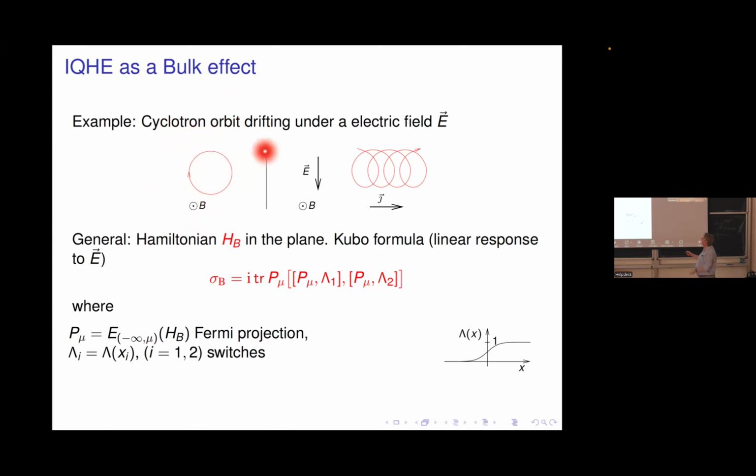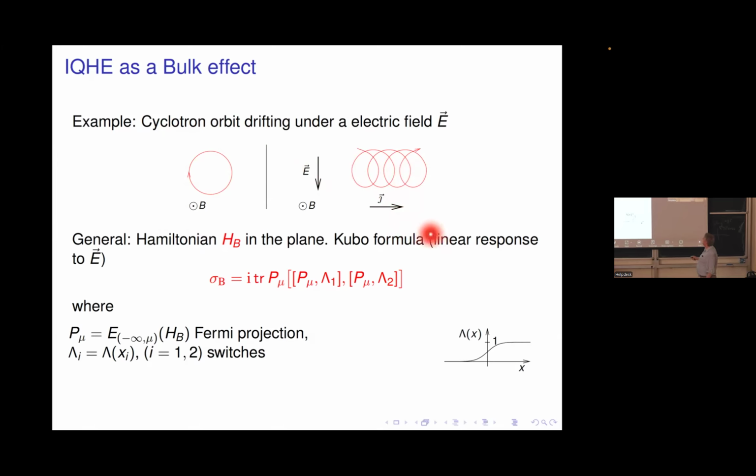They don't drift in the long term. But if you apply an electric field, then the drift current comes up. And that is called J. This is weak and proportional. And you would like to know what the coefficient of proportionality is. That would be the Hall conductance in its bulk understanding.